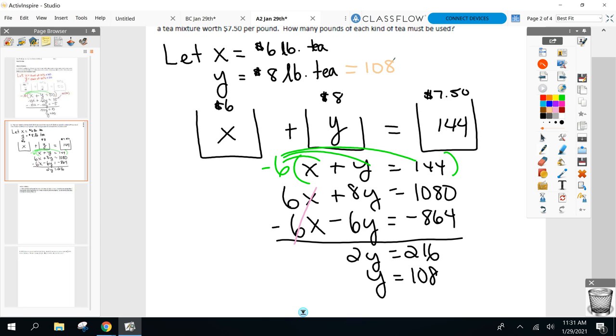Because remember, it added up to 144. 36 pounds of the $6 tea.